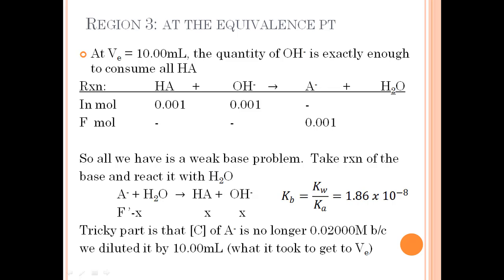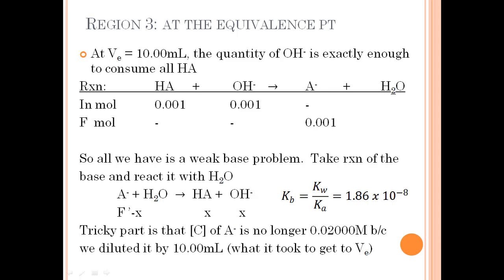So all this is really a weak base problem. So you do the same thing that you did before for region 1, but now it's a weak base. So it's the opposite, right? We have the reaction of a base with water. So your A minus plus water, conjugate base plus water, is going to be converted to HA plus OH minus.